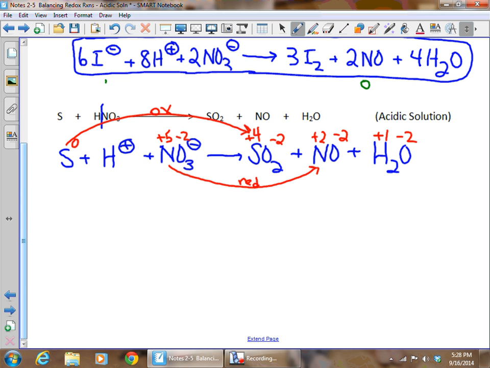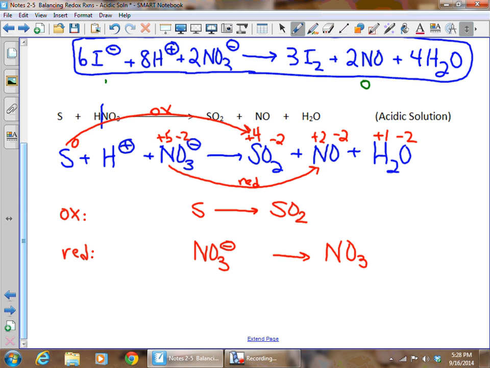So our half reactions, I'm going to write this a little further over here just so we stay out of our own way. We've got sulfur reacting to form SO2, and we've got NO3 minus reacting to form NO. Remember, this is a 0 for sulfur, +4 for sulfur on the right, +5 for nitrogen.